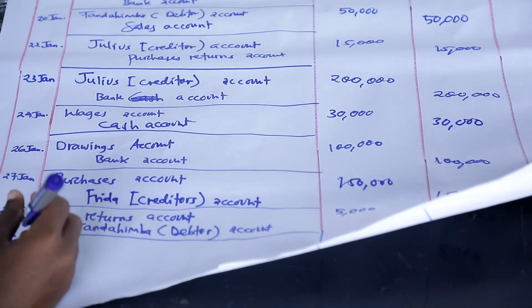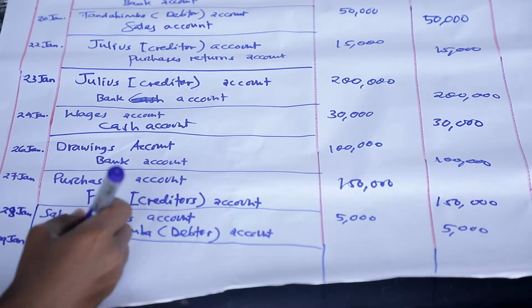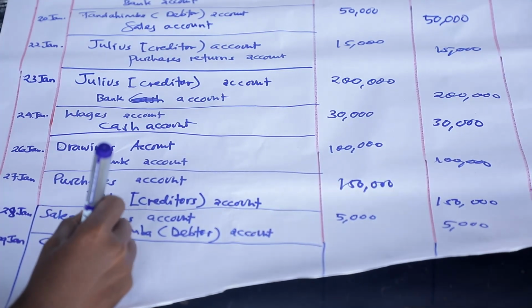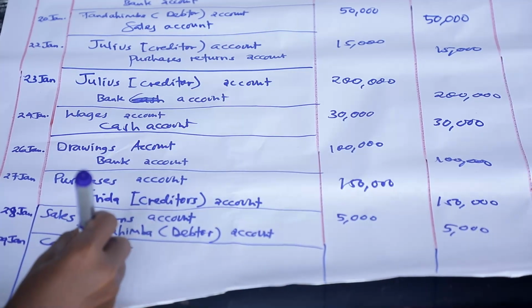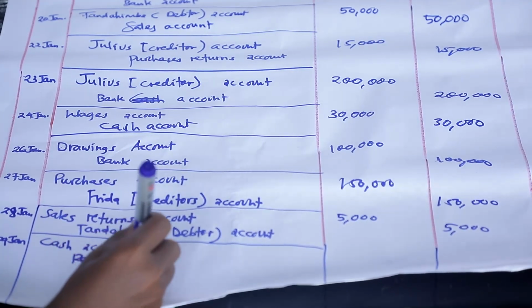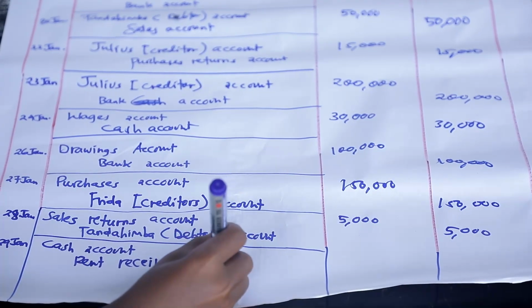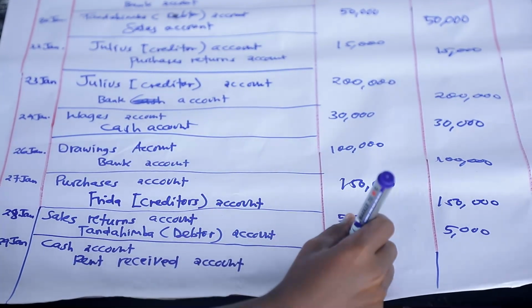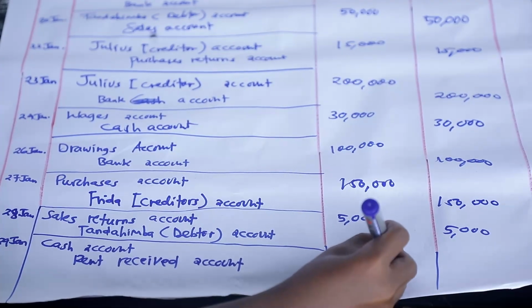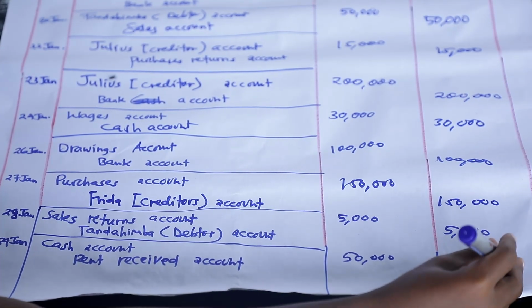So tumepokea rent in terms of cash. So we're going to debit cash, maana cash zimeongezeka, and we're going to credit an account known as rent received account. Rent received account, lakini ingekuwa paid rent ingekuwa tofauti. So cash 50,000 and there we're going to credit 50,000.